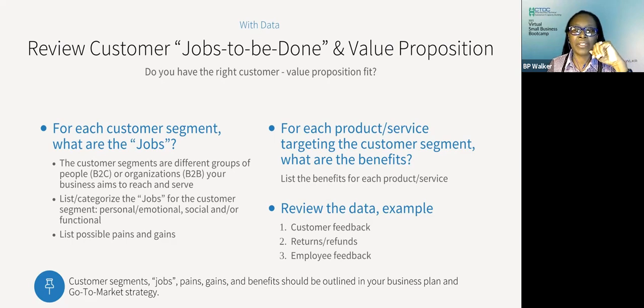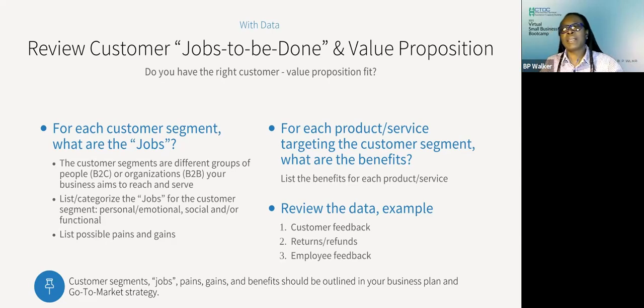And then for each customer segment, this is the key part, you need to identify the key jobs that that customer segment has. There is a tendency to try to hurry up and get it done. We lump all of our customers together and try to figure out the jobs, the pains, and the gains. You really do need to separate them out. So if you are doing the notary business or you're doing the bakery business, you need to figure out, okay, is it going to be single men, African American, DC metropolitan area making $50,000 to $150,000 a year?